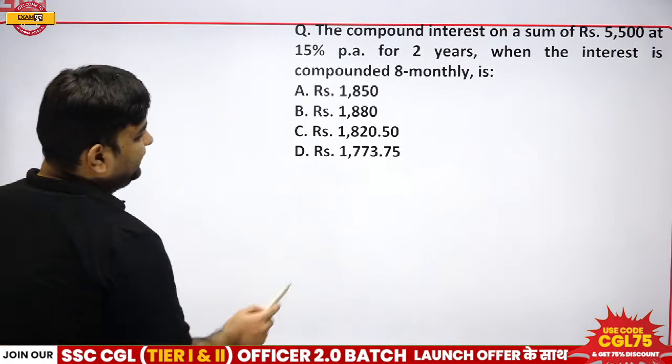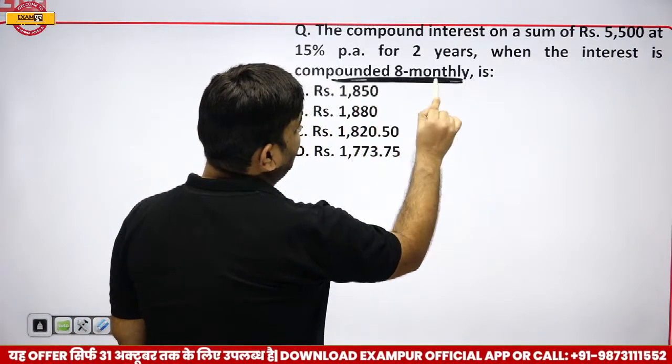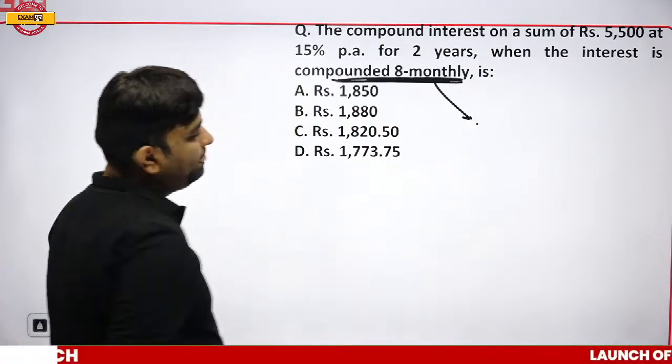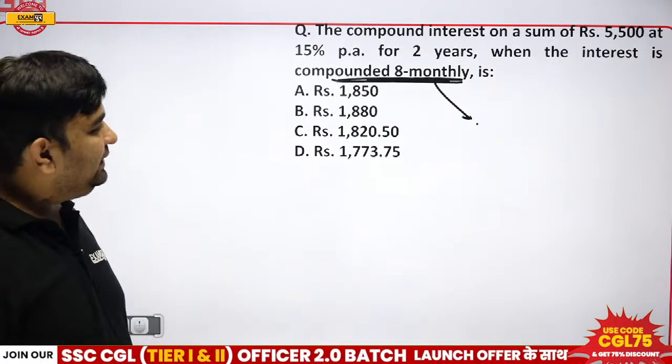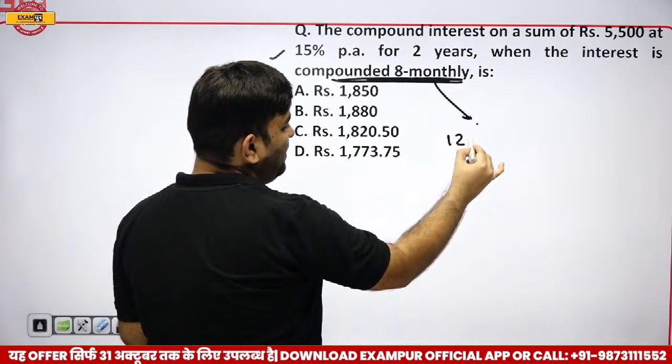Compounded 8 monthly. So rate would be required 8 monthly as well. If it is 15% per annum, means for 12 months.